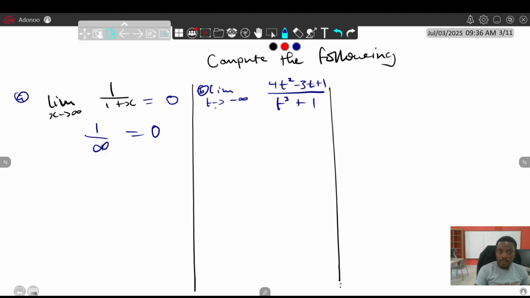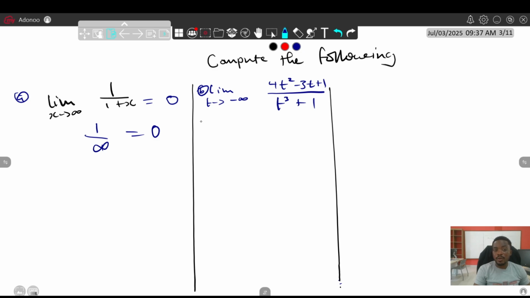Now let's look at this one. So here we have a rational function. So what's a rational function? A rational function is just a fraction whereby the numerator and the denominator are polynomials. So here what we can do is simply divide each term of the fraction by the highest power of the variable.